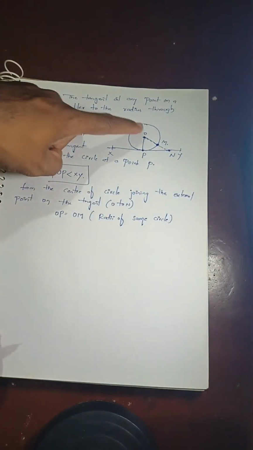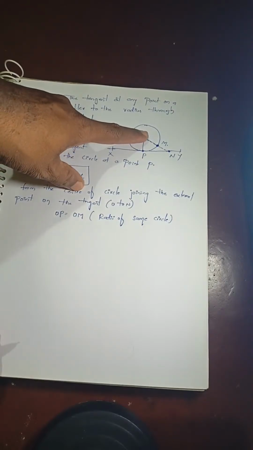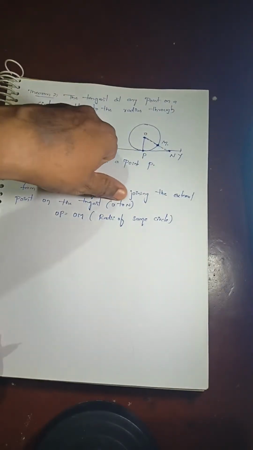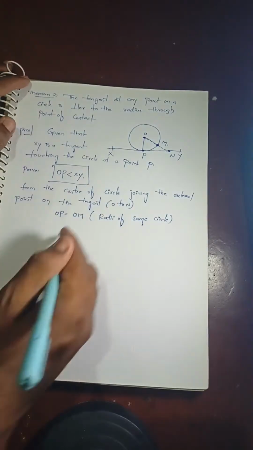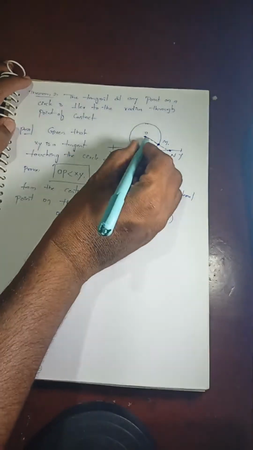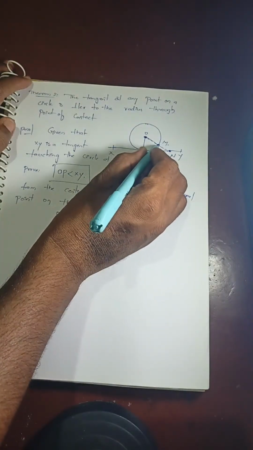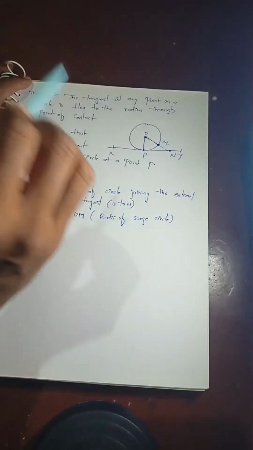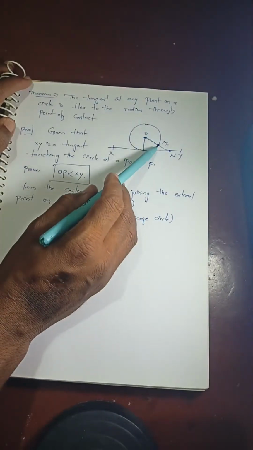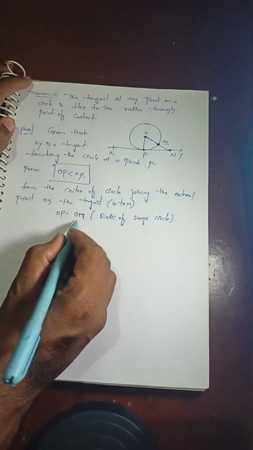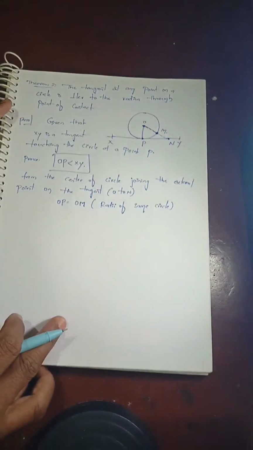Now from the center, we join an external point on the tangent, O to N. So OP is equal to OM. Why? Because whenever you take an external point from the center of the circle, the line passes through the circle, and OM is the radius of the same circle.